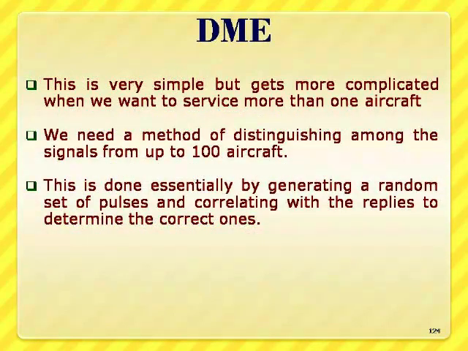This is very simple but gets more complicated when we want to service more than one aircraft. We need a method of distinguishing among the signals from up to 100 aircraft. This is done essentially by generating a random set of pulses and correlating with the replies to determine the correct ones.